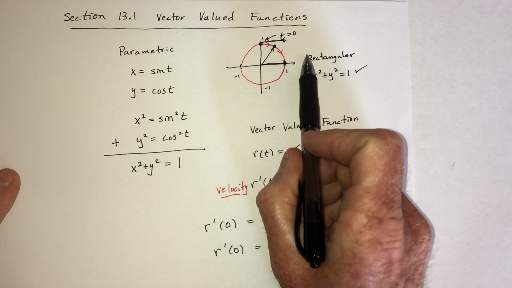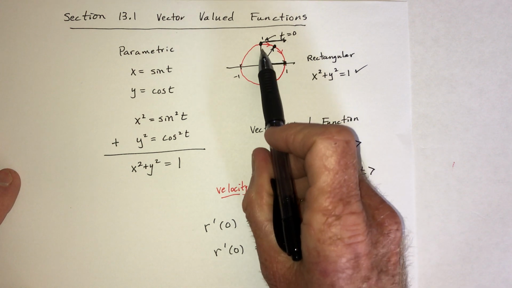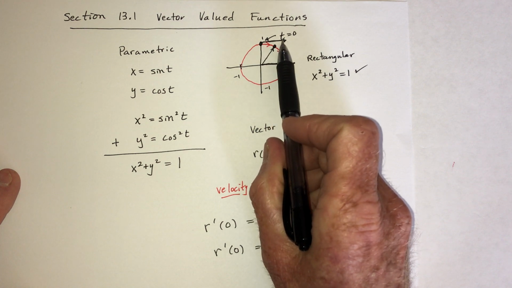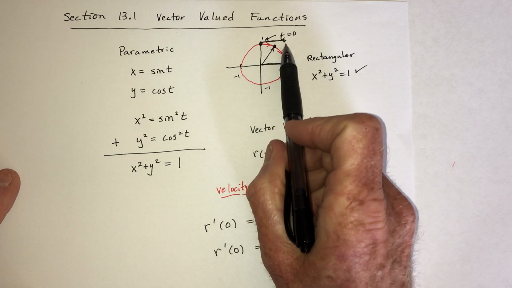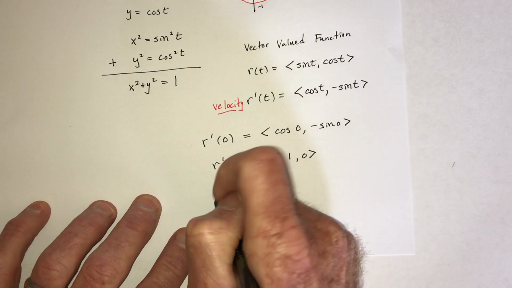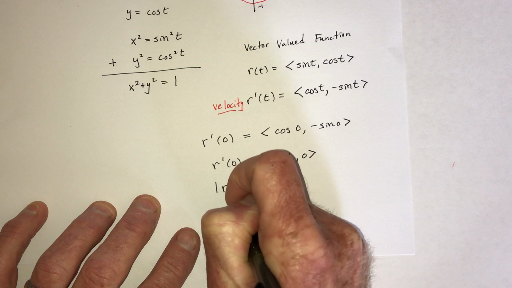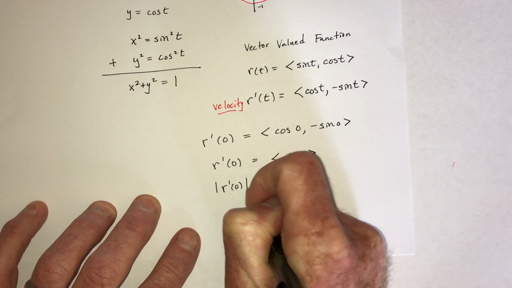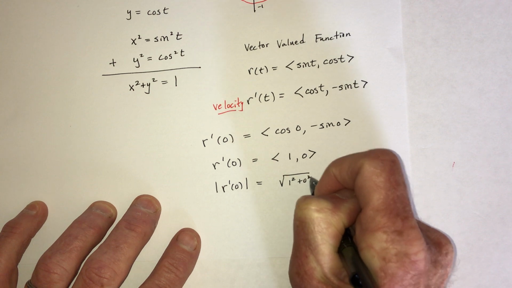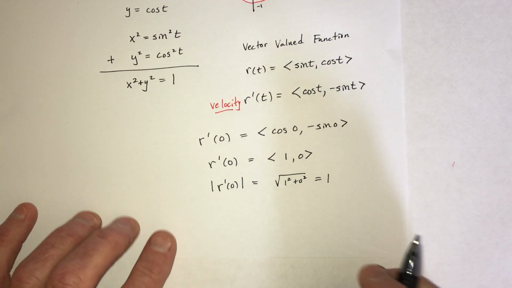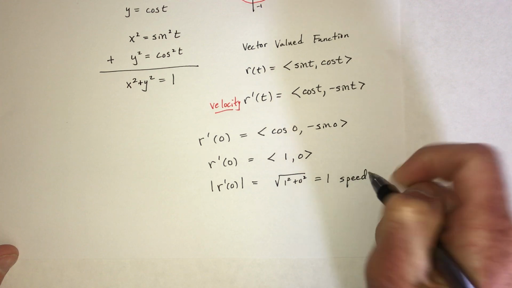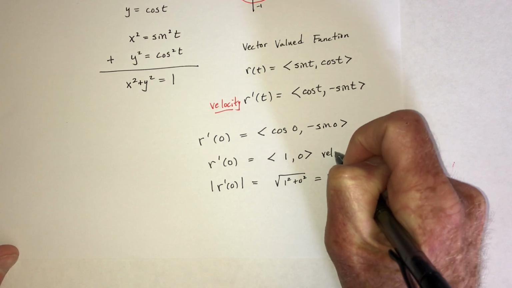Of course, gravity would take over after a little while, but the moment that the person lets go, this is going to be the direction that it would be going. And if you find the length of this vector, that would give you the speed. So what would the speed be? The speed would be the length of this vector, and that would equal 1. So this is the speed, and this is the velocity vector.